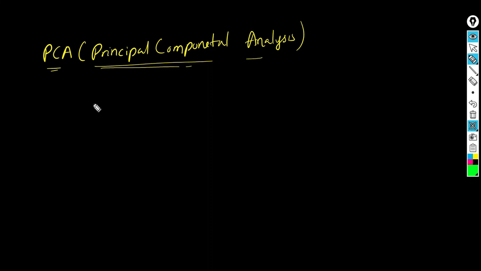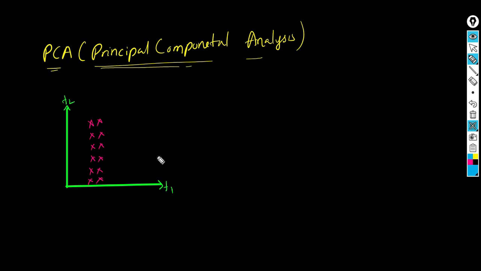To get more clarity, let's go with some intuition first. Then we will deep dive into the math to get more clarity about PCA. Here we consider two-dimensional data to make it easier.